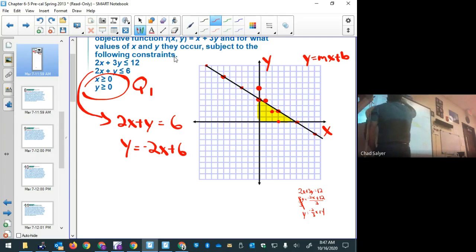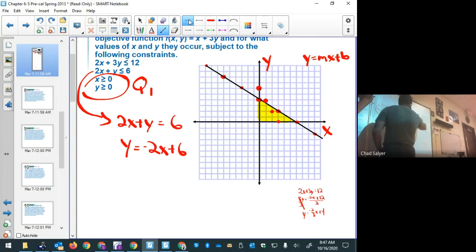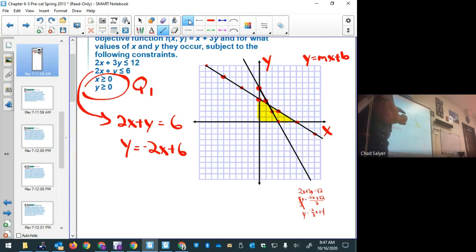Now our feasible region is defined. We need to test the point. I'm pretty sure 0, 0 is going to pass. 2 times 0 plus 0 is less than or equal to 6. True.